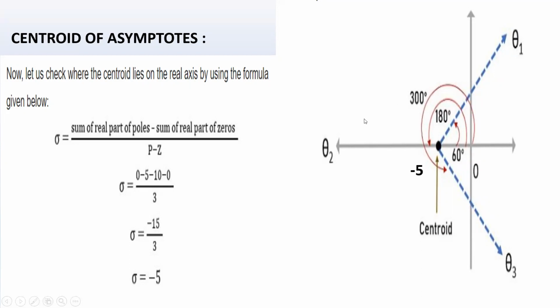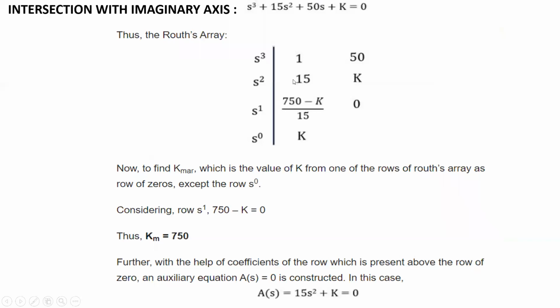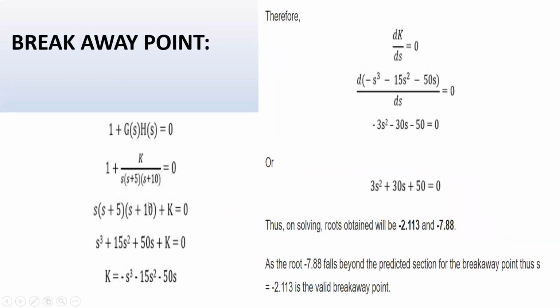That is, the entire row of this Routh Hurwitz table or Routh array should be zero. So based on that condition, we find out the Routh array for this characteristic equation which is over here. So if we find the Routh array, for that we have s cube, s square, and s power 0.